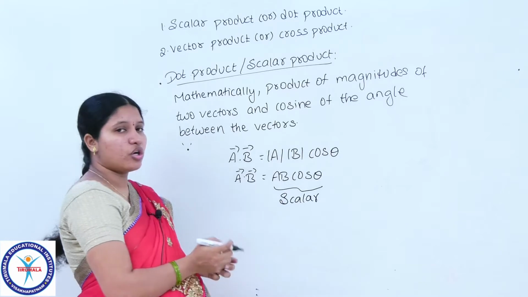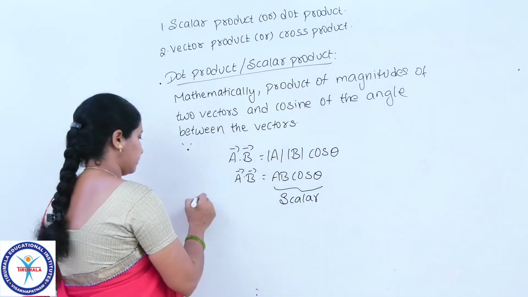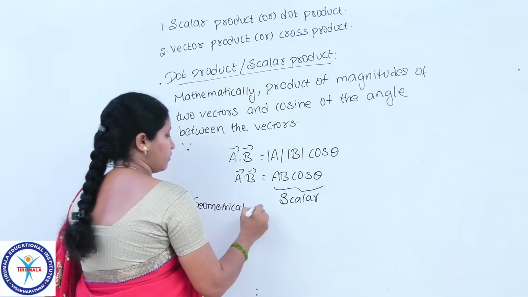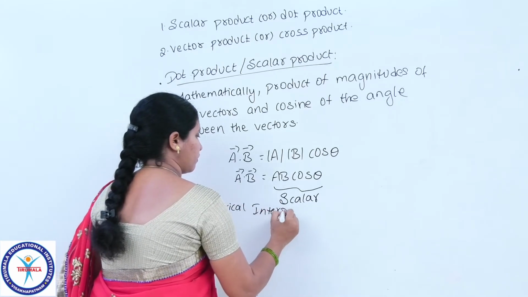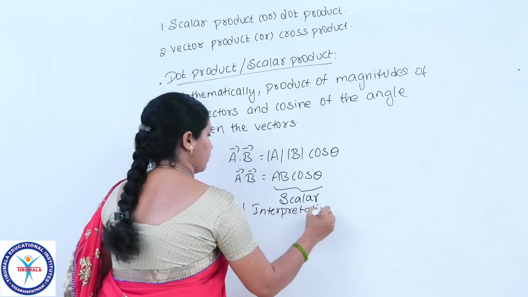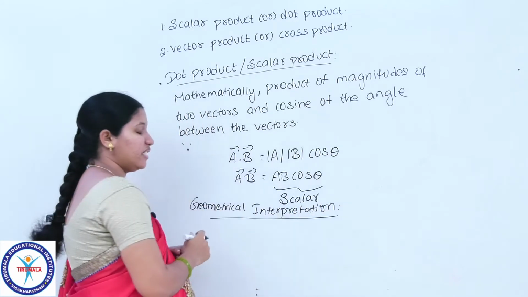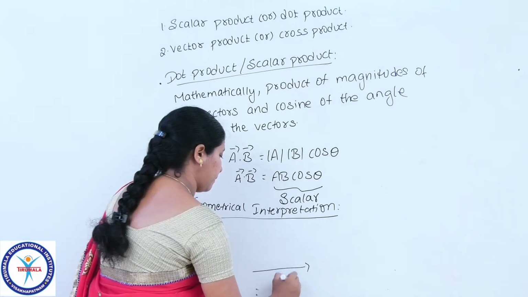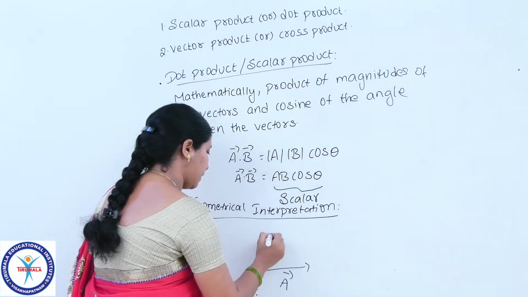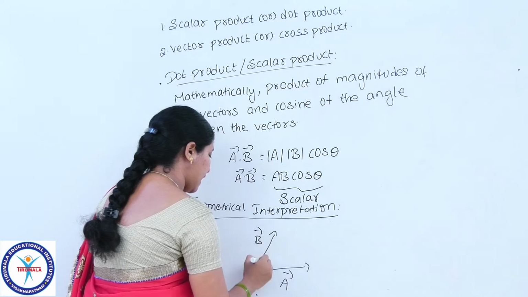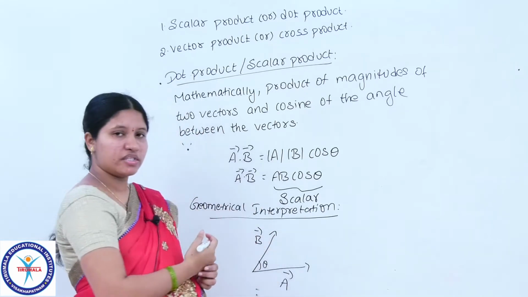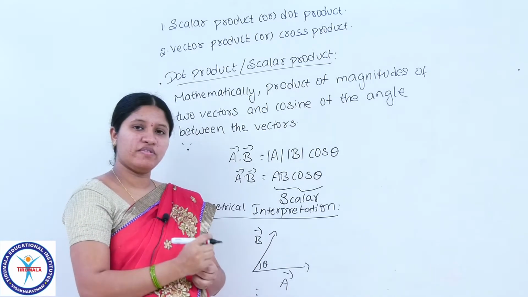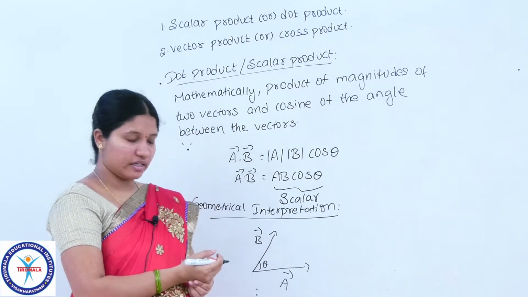So let us see the geometrical interpretation. Let us consider a vector a bar and another vector b bar. The angle between these 2 vectors is theta. Already we have discussed how to resolve a given vector into 2 rectangular components.